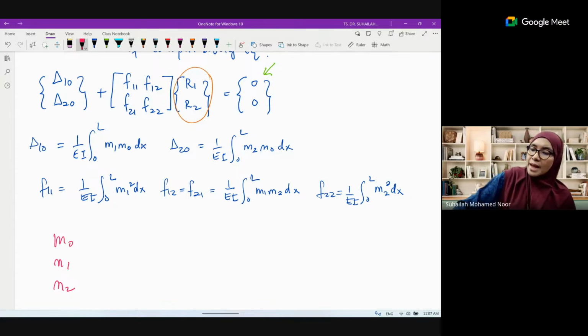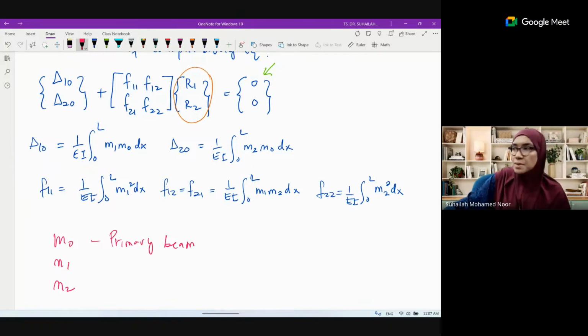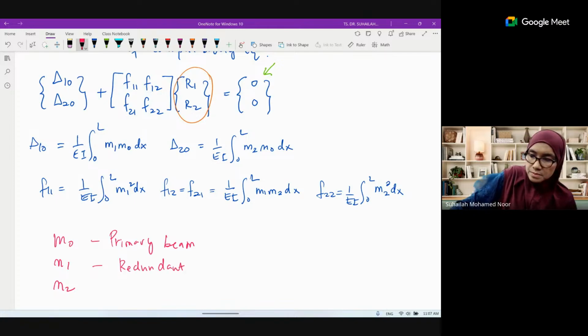M naught is the moment equation in the primary structure, whether primary beam, primary frame or primary truss. M1 is redundant number 1, so the redundants must be labeled properly.